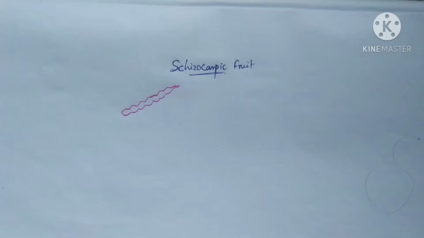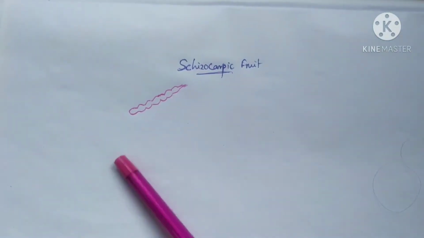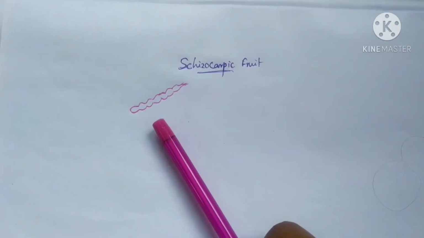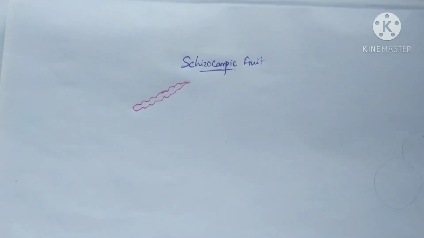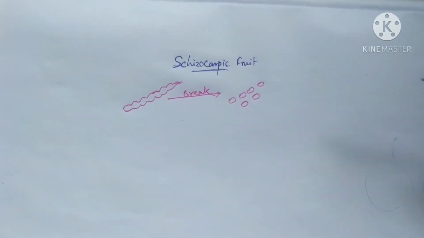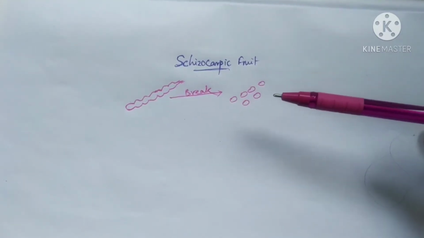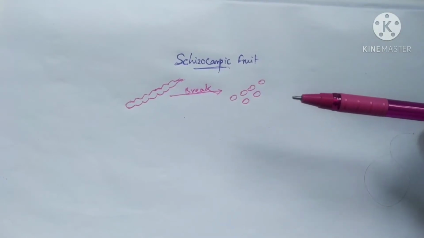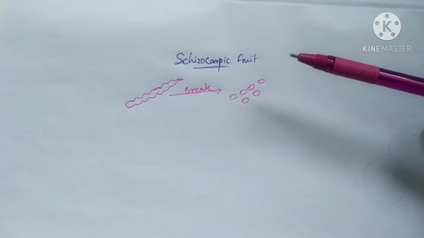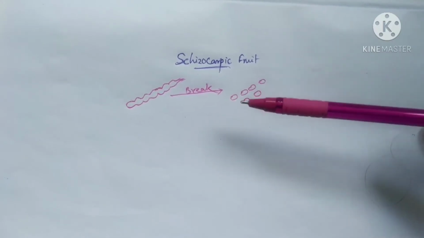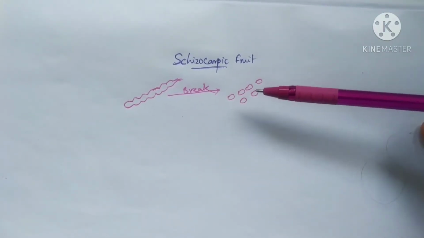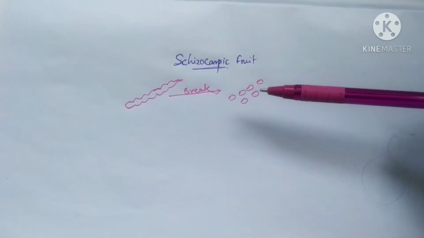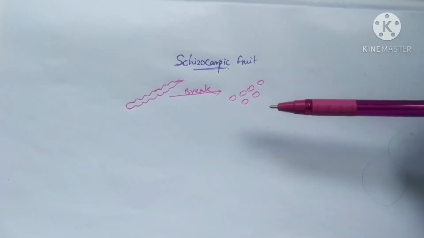When a fruit breaks into many bits, and each bit is indehiscent, this type of fruit is known as Schizocarpic fruit.